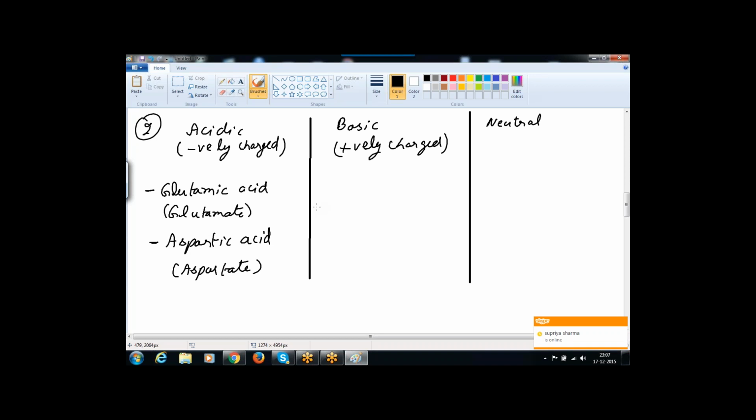Positively charged or basic ones or alkaline ones are histidine, arginine, these are the two semi-essential ones, and lysine. Histidine, arginine, lysine, they are basic ones or the alkaline or the positively charged.